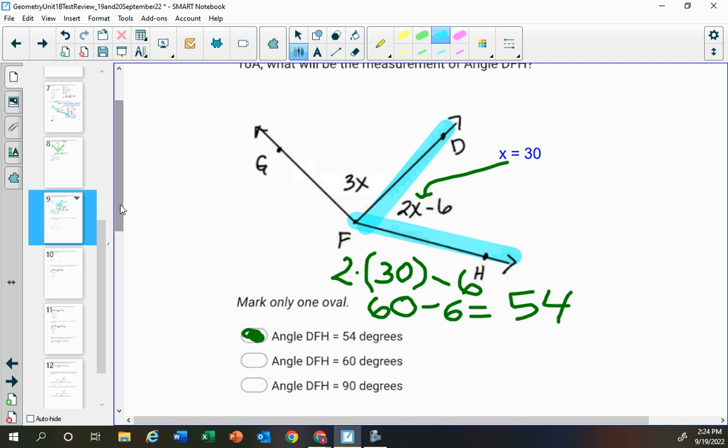Any questions? Okay, questions on this problem?